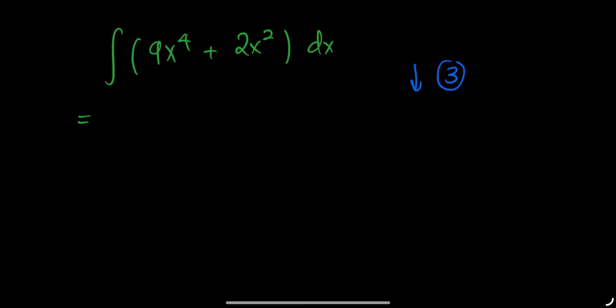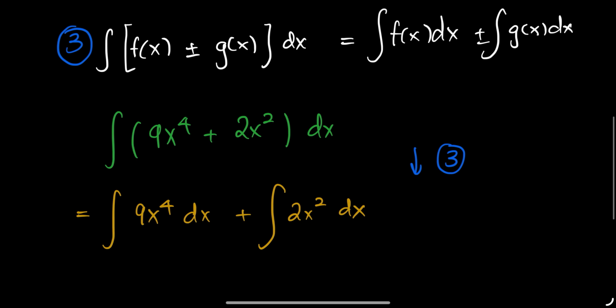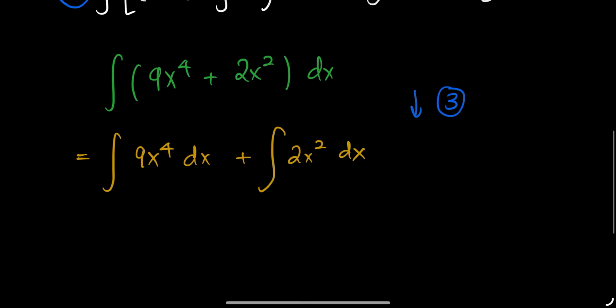Let's say the question is: solve the integral of 9x^4 plus 2x squared dx. So here we can use result number 3. We can first split them out. So I'm going to split them into the integral of 9x^4 dx plus the integral of 2x squared dx. Makes sense. We can just split these two functions into two different groups.